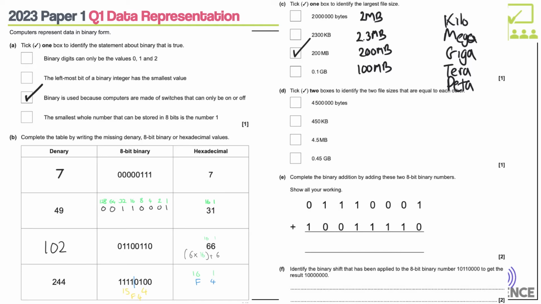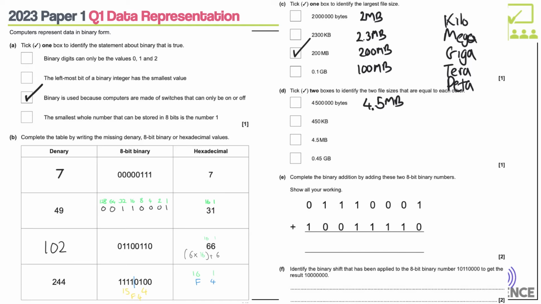Next, 4,500,000 bytes. How many megabytes is that? That'll be equivalent to 4.5 megabytes. 450 kilobytes, in megabytes, what would you make it?